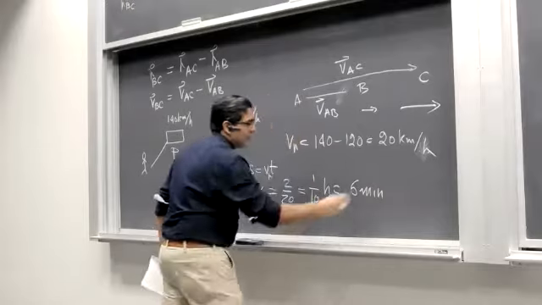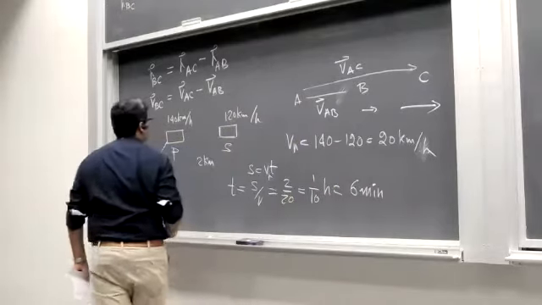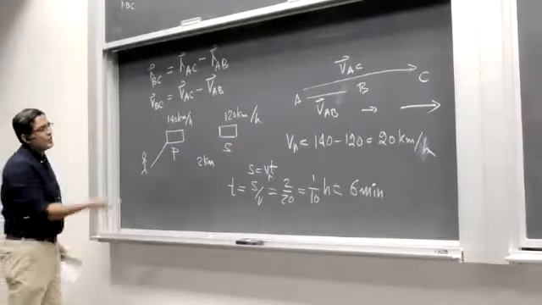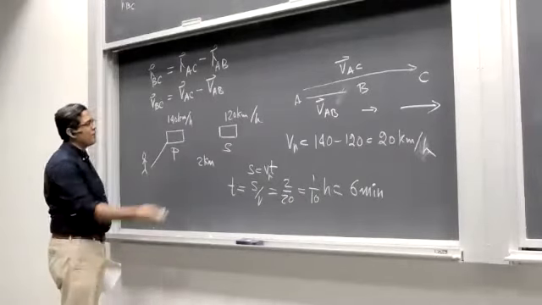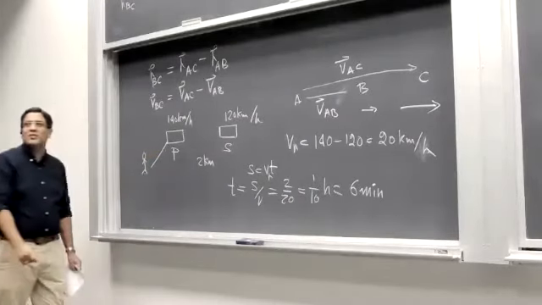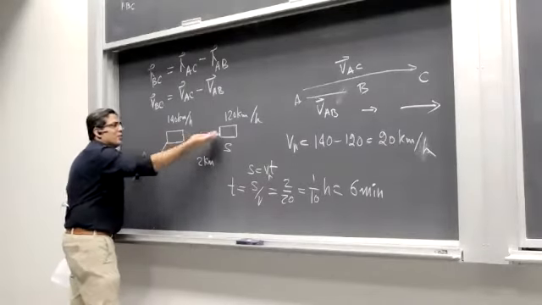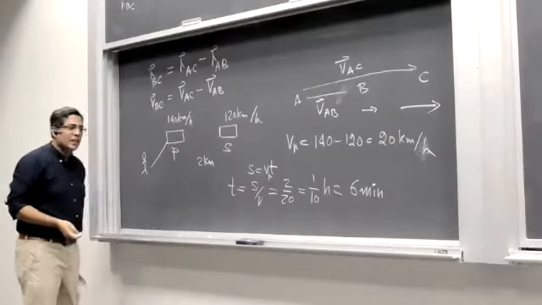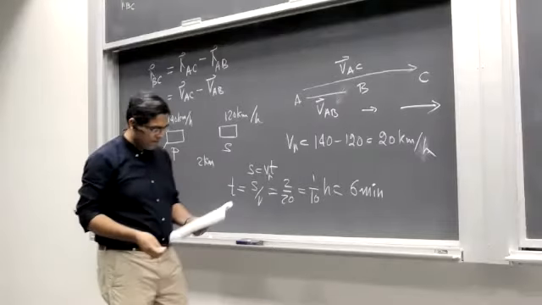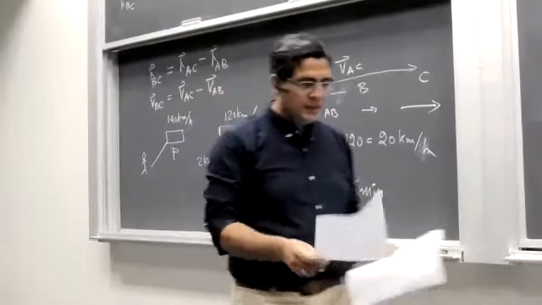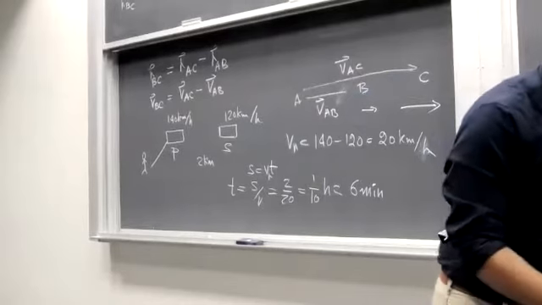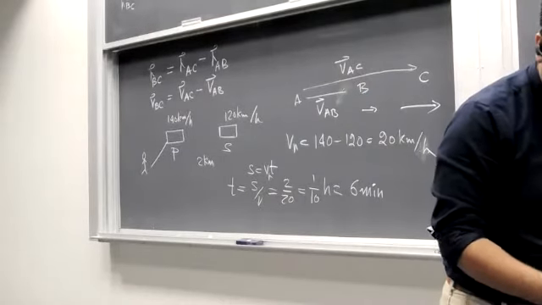So it would take her 6 minutes of chasing to get to the speeder. So you see, this problem becomes very simple if we use the concept of relative velocity. The relative velocity is the difference between the two velocities, right? Any questions so far?